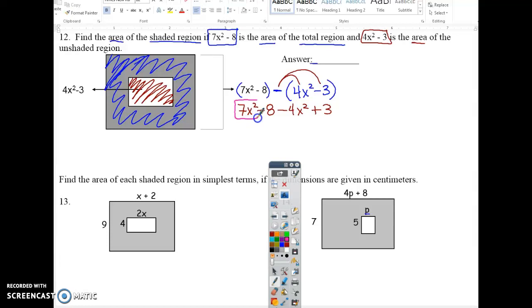So I have 7x squared minus 4x squared, 3x squared. And negative 8 plus 3 is a negative 5. Okay, that is the area of the shaded region.